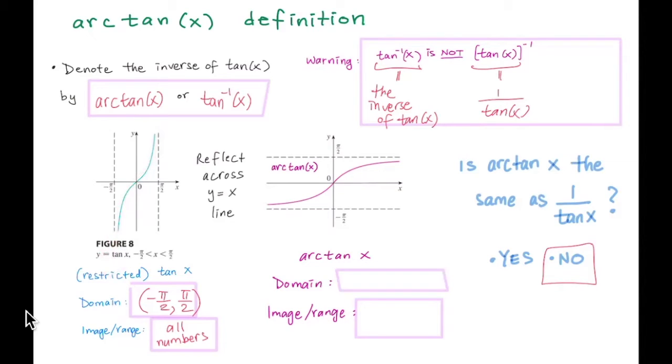And the domain and image of the inverse function arctangent is switched. So the domain is the set of all numbers. The image is the interval between pi over 2 and -pi over 2, but not including the two endpoints.